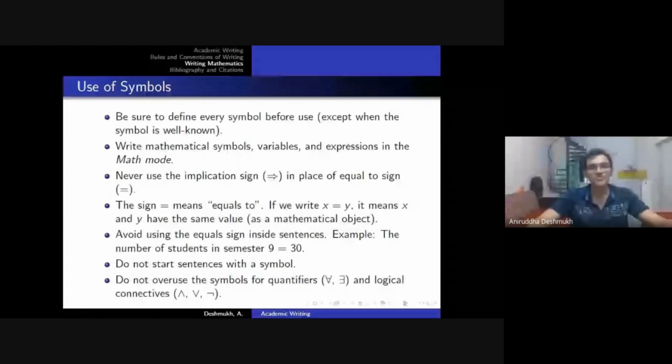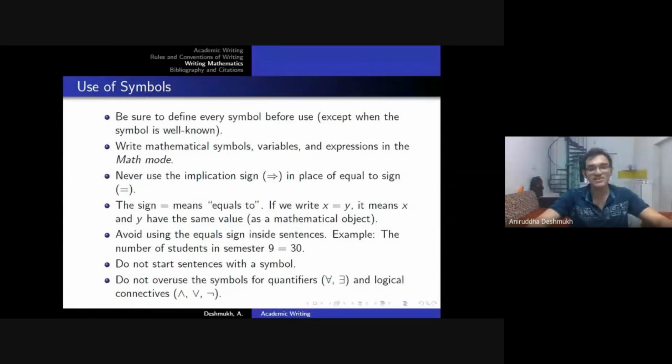We also have a tendency of writing the equals sign inside sentences. Many people write something like this: the number of students in semester 9 equal to 30. Now everybody knows what this sentence means. It wants to convey that the total number of students enrolled in semester 9 is 30.